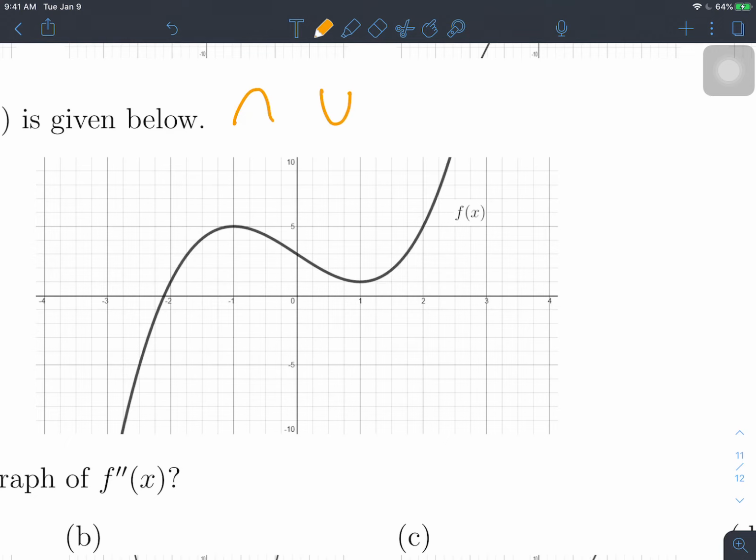Okay, so in other words, if I'm driving my car along this path, I want to understand, is my steering wheel being turned to the right, or is my steering wheel being turned to the left?